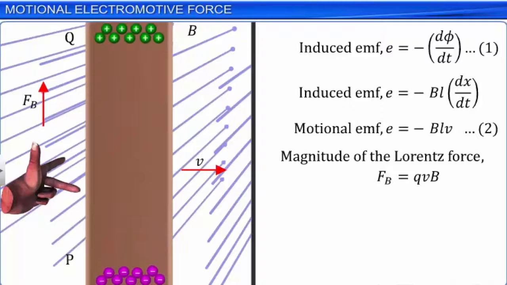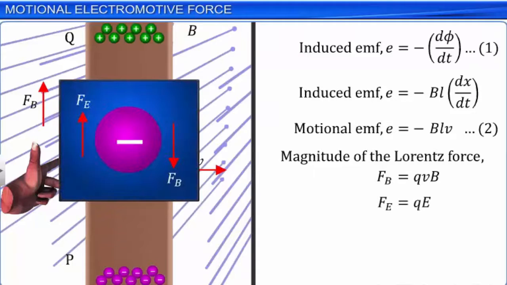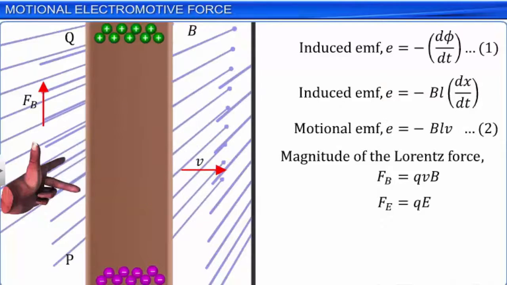An electric field is developed within PQ such that the electric field exerts a force F_e equal to qE on each electron. In electrostatic equilibrium, the force F_e will be equal to F_B, and this build-up of charge stops. Since F_e becomes equal to F_B, we have qE equal to qvB.